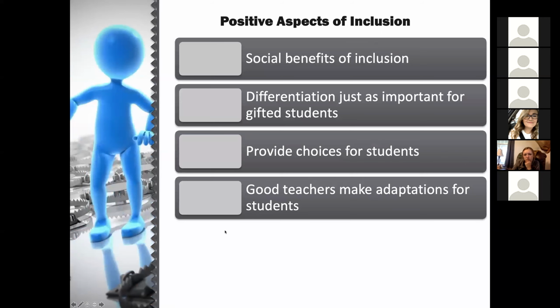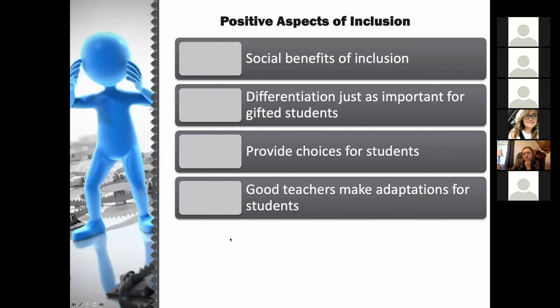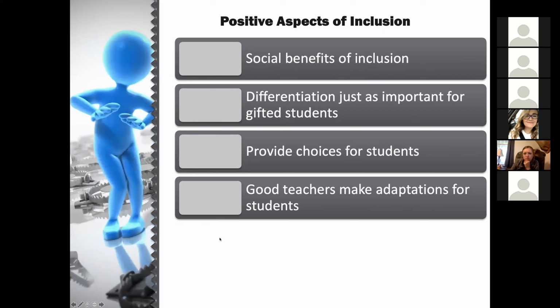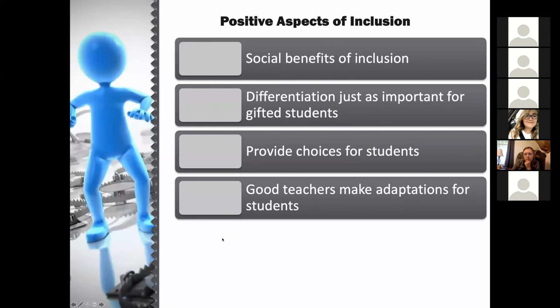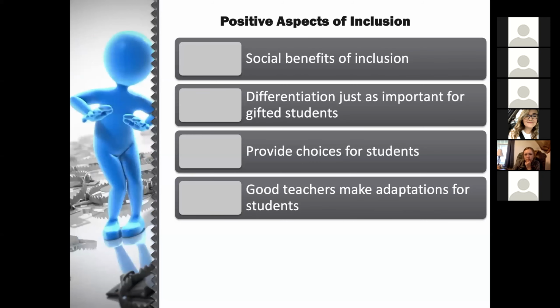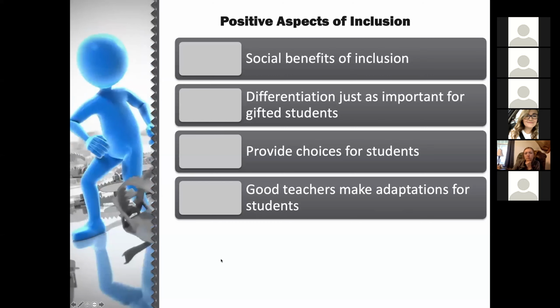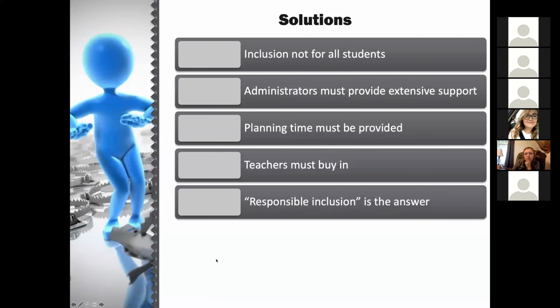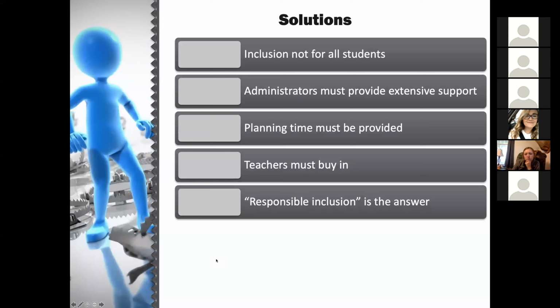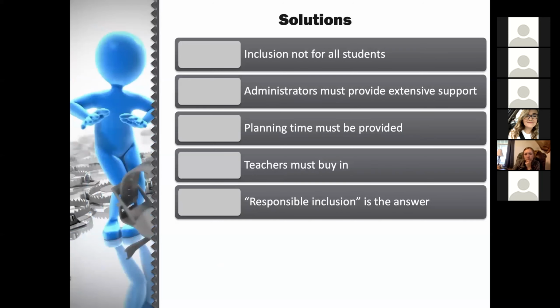There are social benefits, of course. And choice is good for students. And good teachers do these things. So there are some really great aspects of a fully inclusive classroom. Really good things about it. So we don't want to just say it's not a good idea. It is a good idea. But remember, it's an individualized decision.